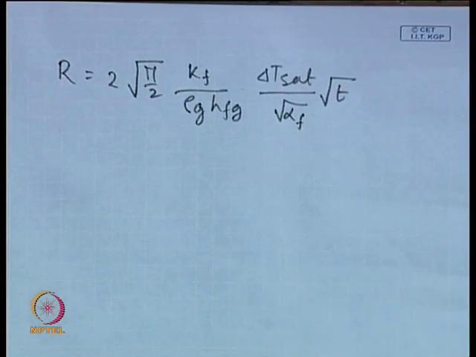So, we will get how the r is changing. So, bubble radius, some sort of a relationship from bubble growth we will get. Similar relationships we have derived earlier.